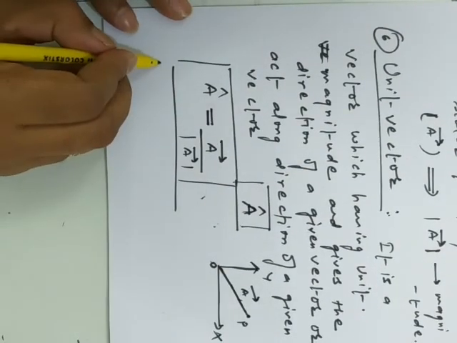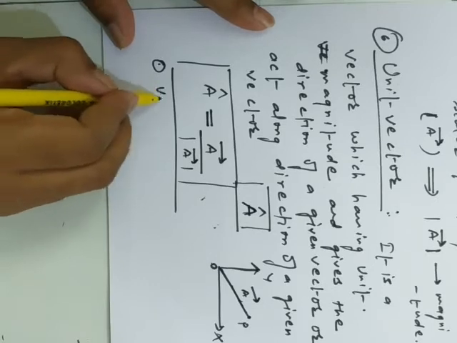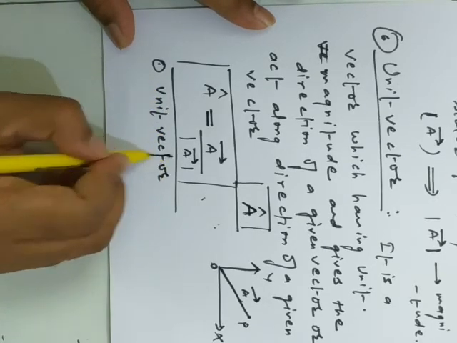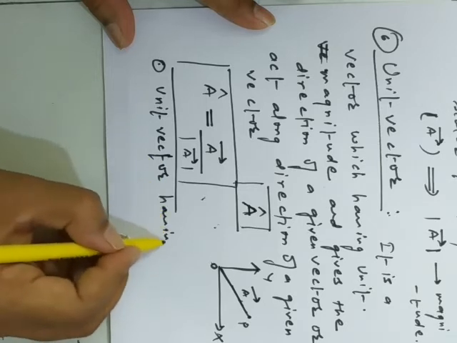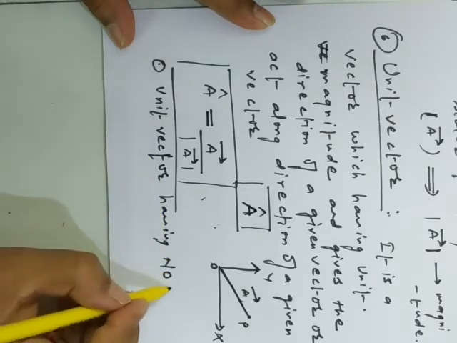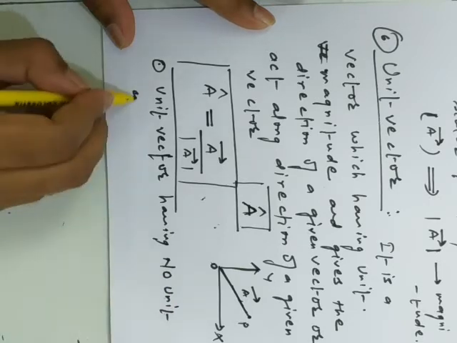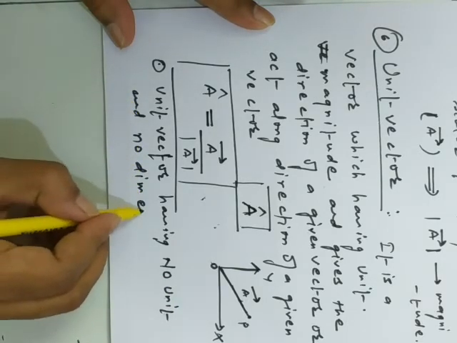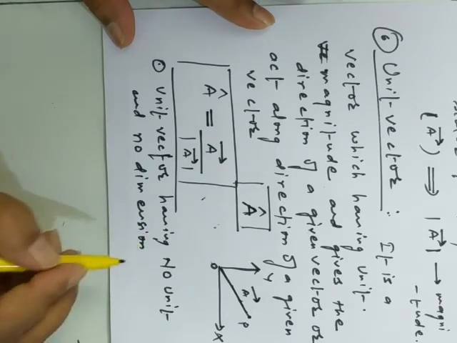Okay, now here we have to learn some facts about the unit vector. A unit vector has no unit and no dimension. It is an important part we have.